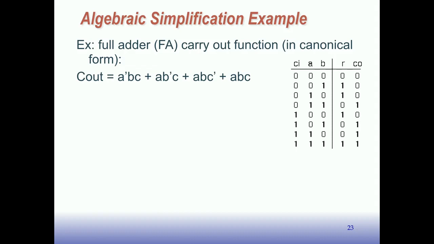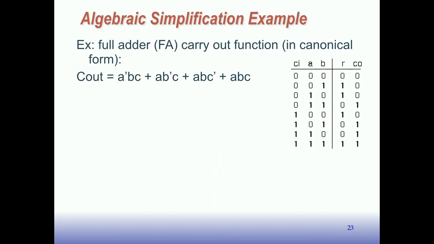And if we look at this and write the canonical form for C out, which is here, we get this sum of products version. There's 4 min terms. So you have the OR of 4 things, this one, this one, this one, and this one. And I think I have it right.